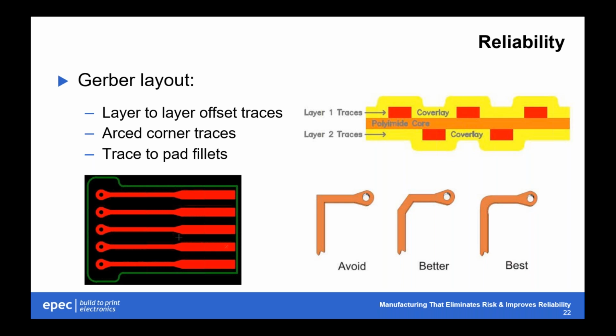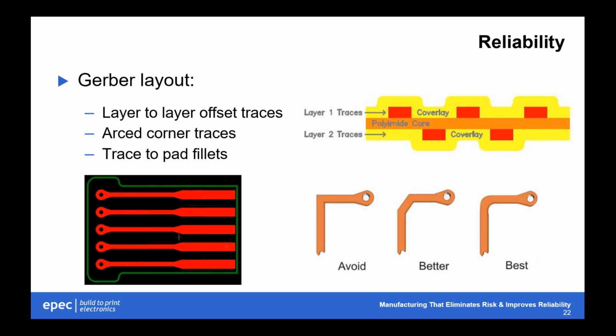If a circuit has to change direction within a flexible area, then the best solution is to have the trace have an arced corner rather than a sharp 90-degree.